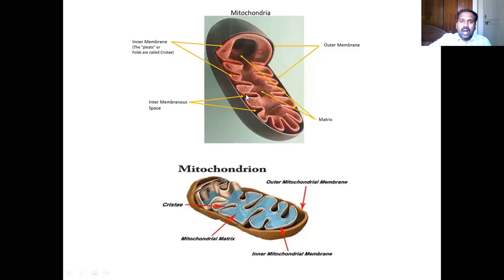So on the inner side of the cristae, the mitochondrial matrix; on the outer side of the cristae, the intermembrane space. And please remember, this is a very gross structure of mitochondria. But what is very peculiar and strange about mitochondria is that it is the only cell organelle which has its own DNA. Please remember this. Mitochondria has its own DNA.